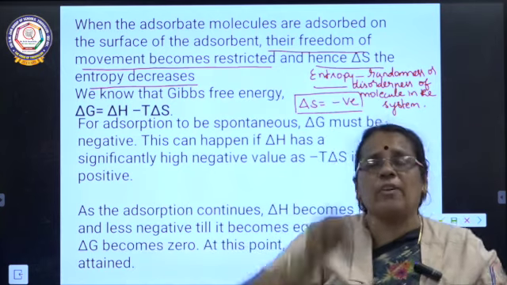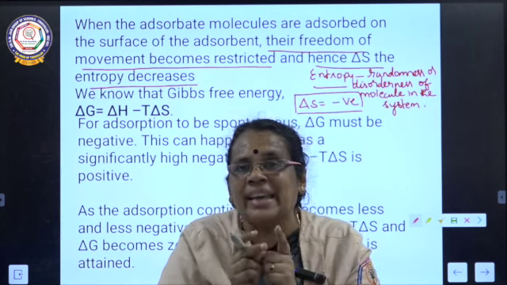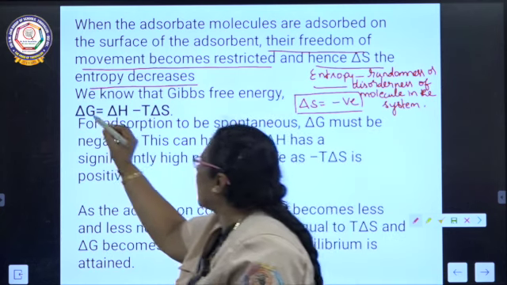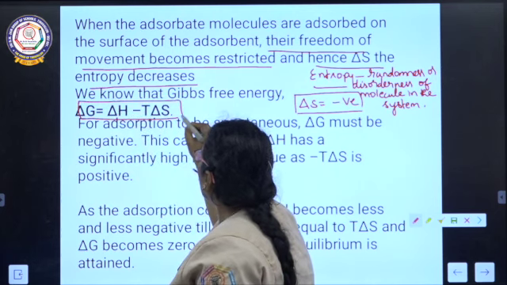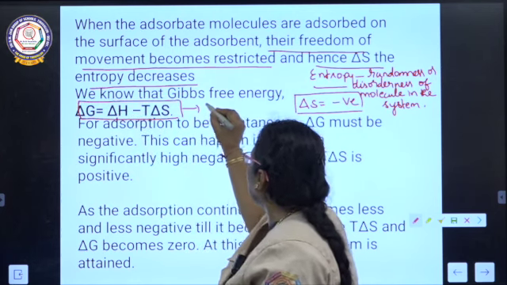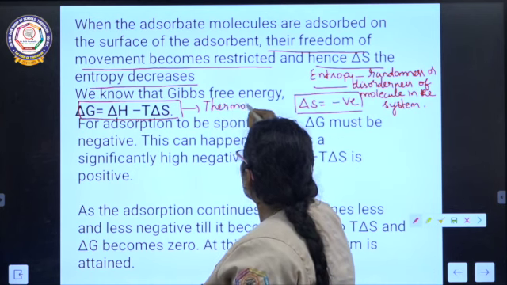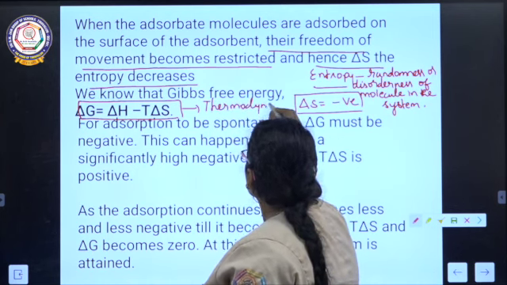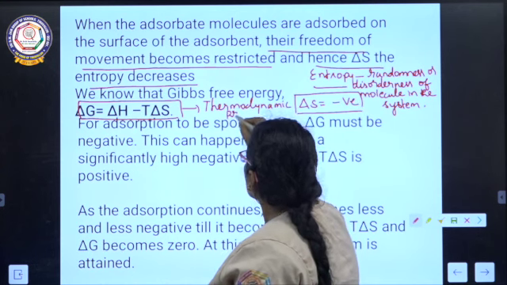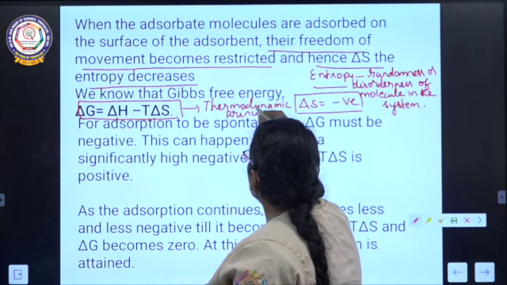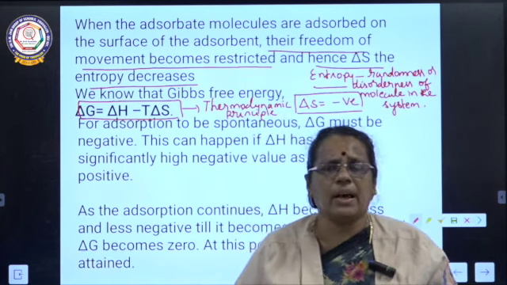You would have learnt in 11th standard, delta G is equal to delta H minus T delta S. What is this actually? Thermodynamic principle. Already we have seen it last year.